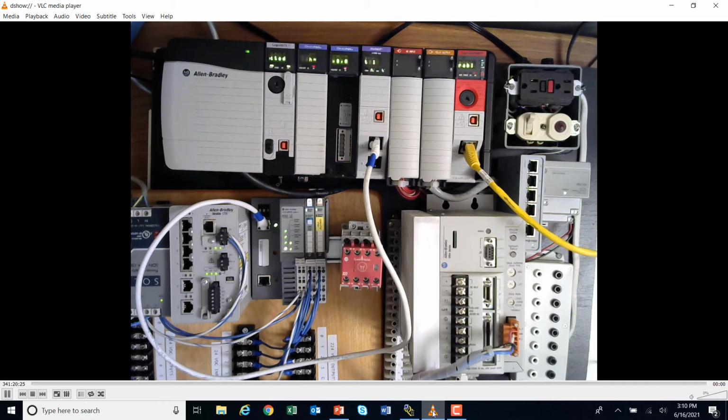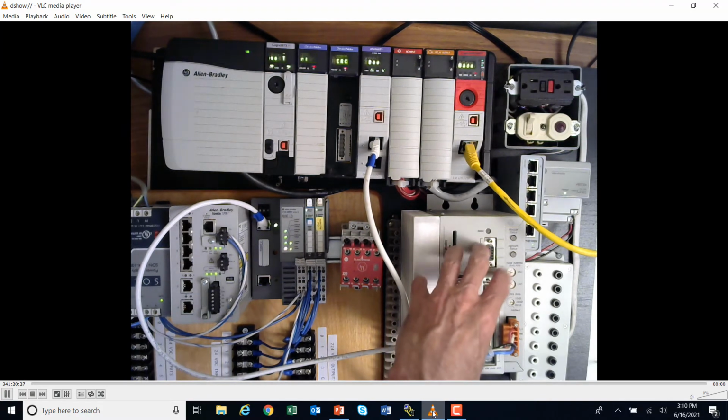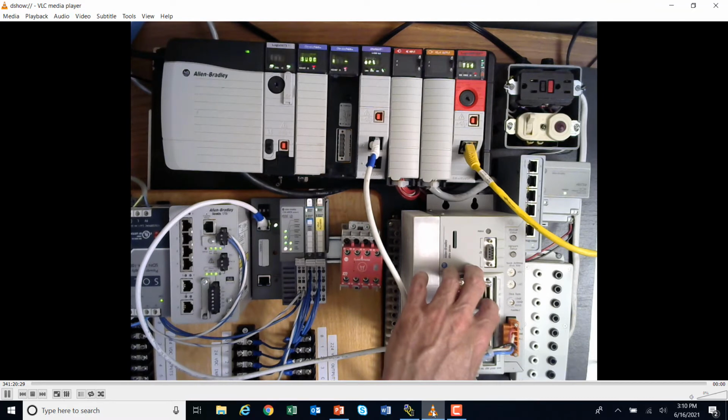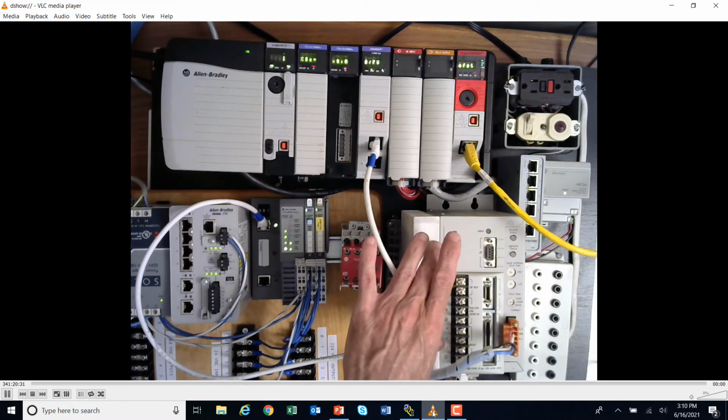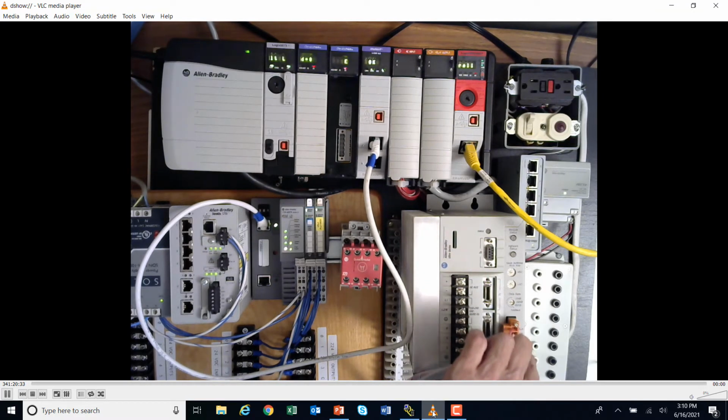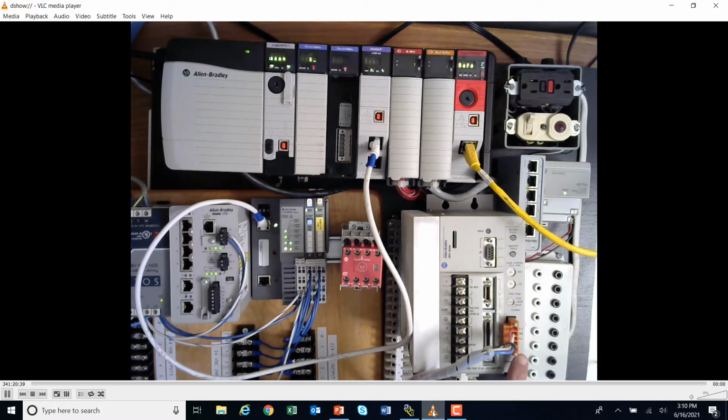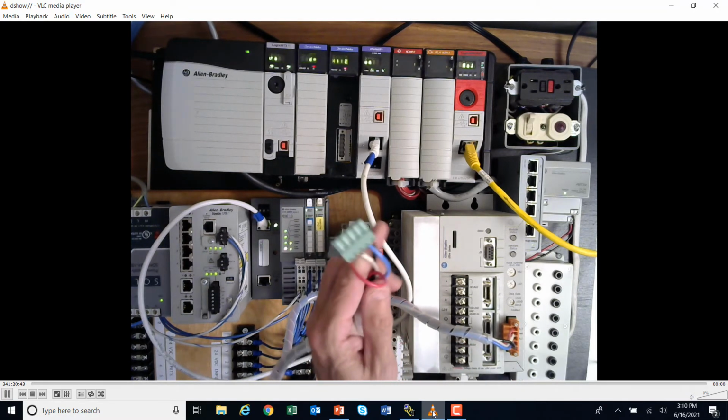I've got a lot of other things out here. Here's a legacy drive. This right here is a servo drive. What this does is this connects up using kind of an obsolete, still out there, but not popular network called DeviceNet. Well, the issue with DeviceNet is it doesn't have an Ethernet cable on it.